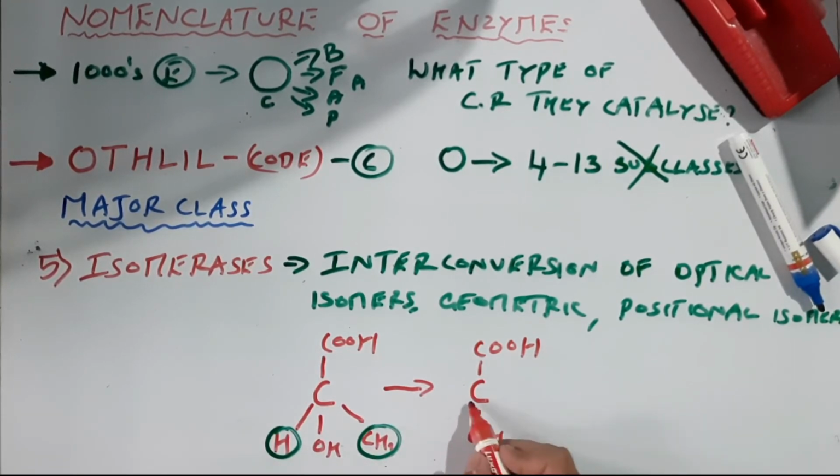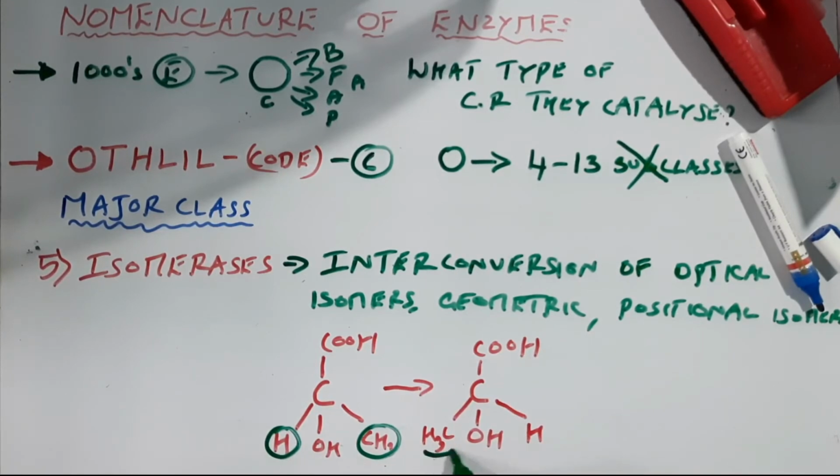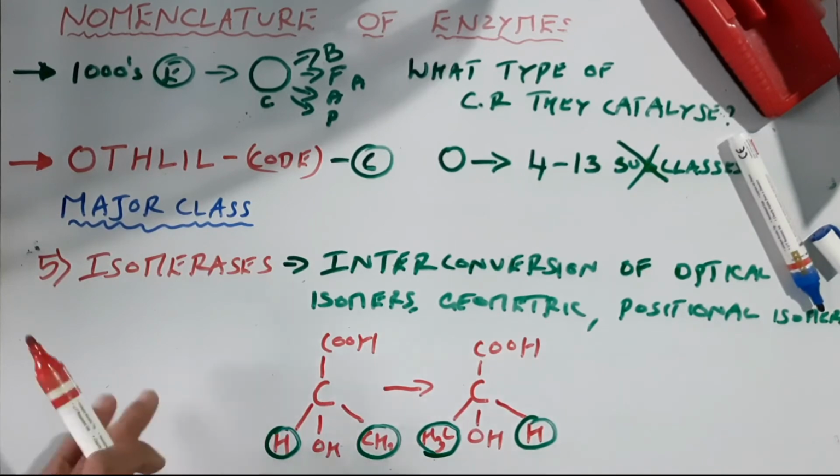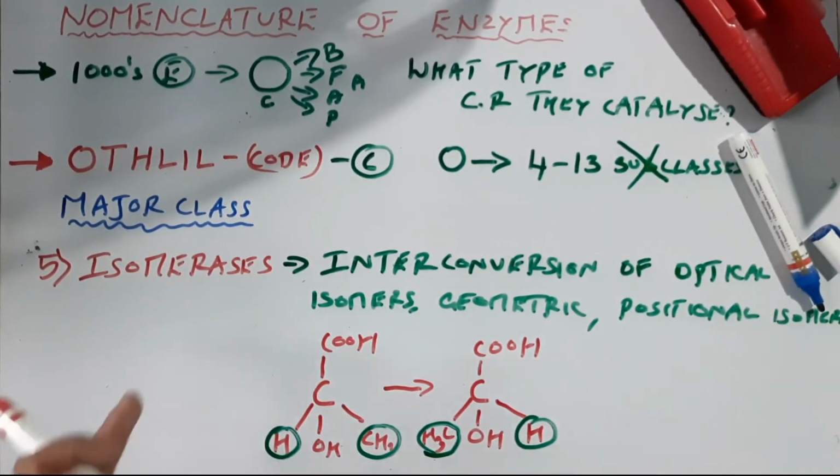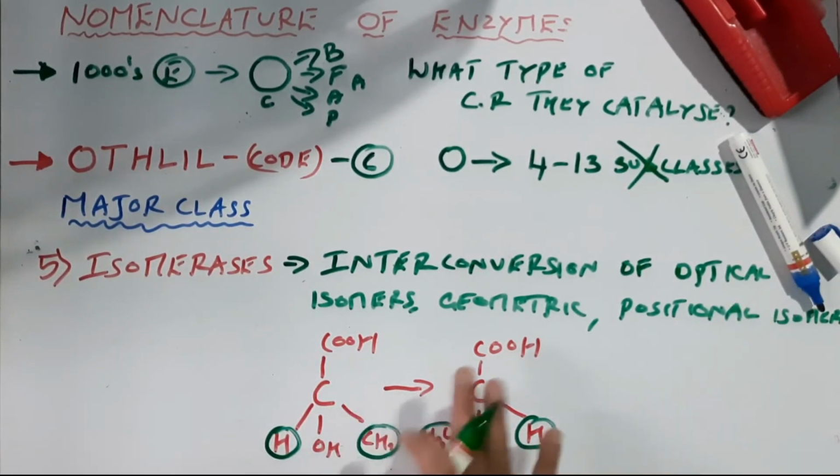See here, this becomes H3C, and this particular group now shifts, correct? See what has happened to this particular chemical now. It is now the optical isomer. You could see the mirror image of it. Got it? So shifting is actually the main function of the isomerase enzyme in optical isomers. Okay, so this is one thing.